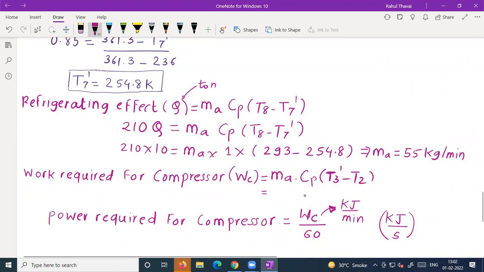So by using this mass, 55 kg per minute, Cp is 1, T3 dash is 448.7 minus T2 is 306.8. All of you can see, I told you the reverse column. So how much are we getting?